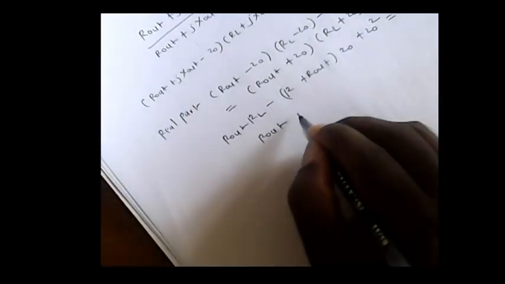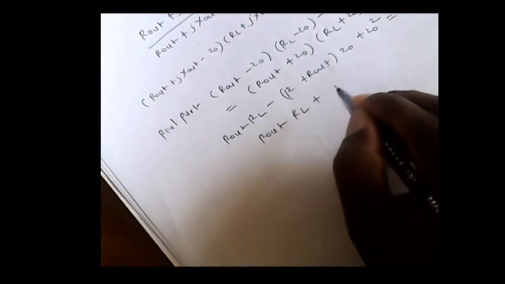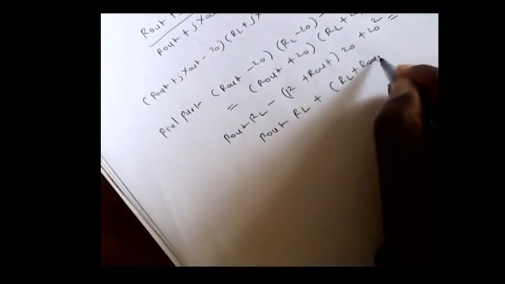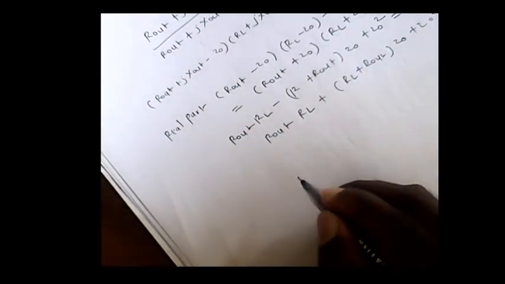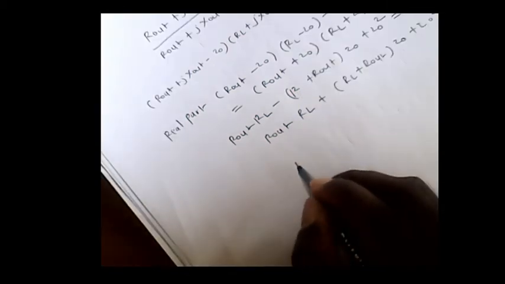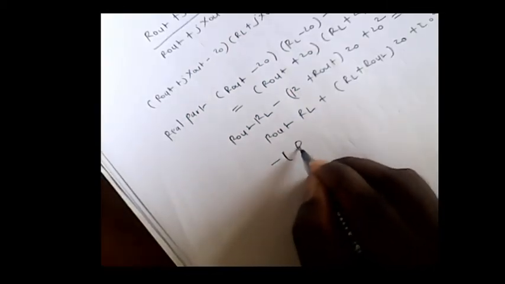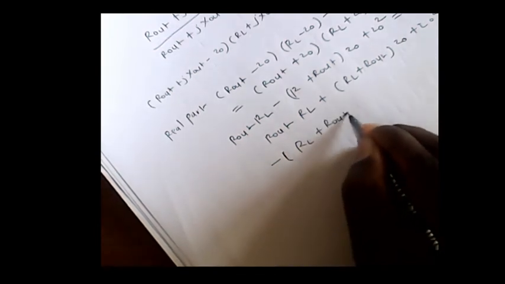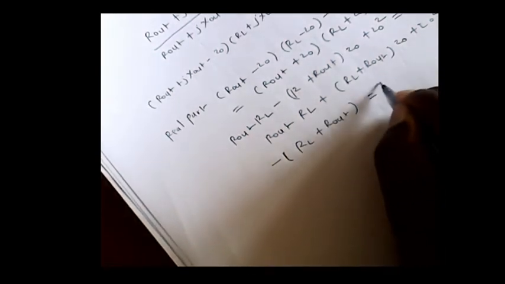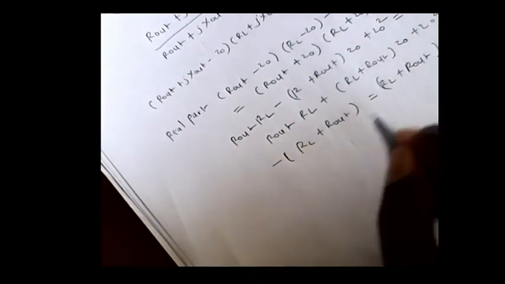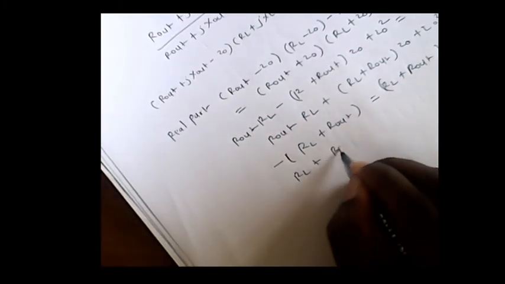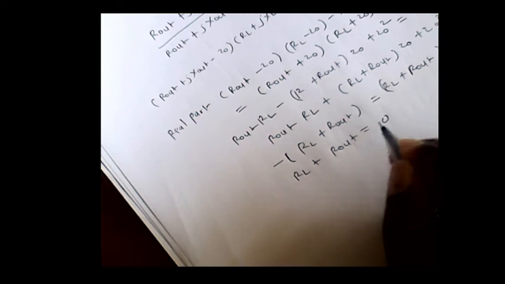So RL plus R out is equal to minus (RL plus R out). So RL plus R out is equal to 0.